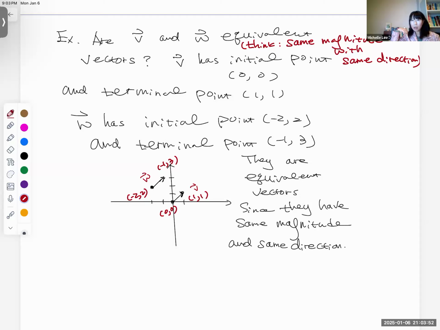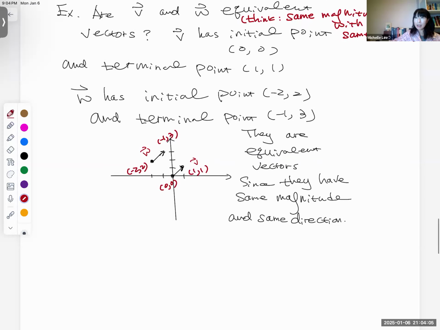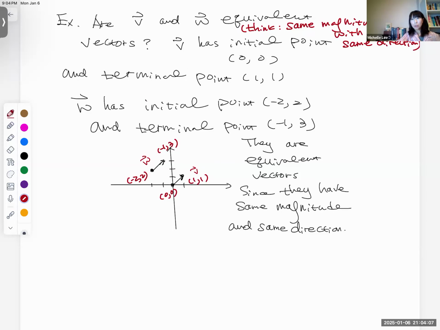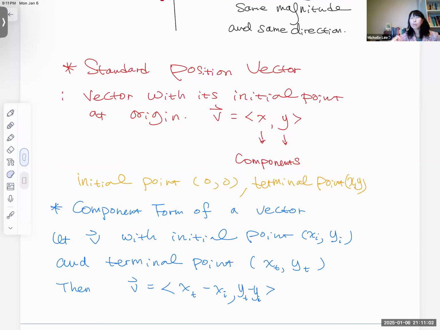Okay, so how do we conclude? It is equivalent vectors because they have the same magnitude and same direction. We can see easily, right? Okay, now we have the terminology, standard position vector.